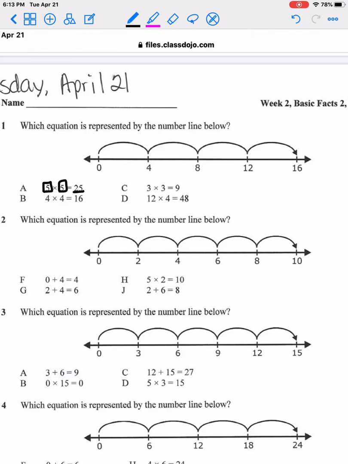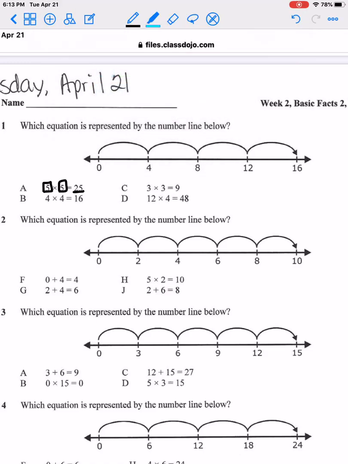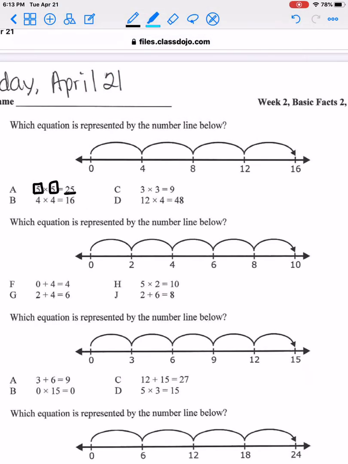Okay, so I know I have to have two numbers that are going to be multiplied and I am going to have a product. If I analyze my number line, I can see that my product is 16. So I already have one of the numbers that I need for my multiplication sentence. Now, times, multiplication, that's my operation.